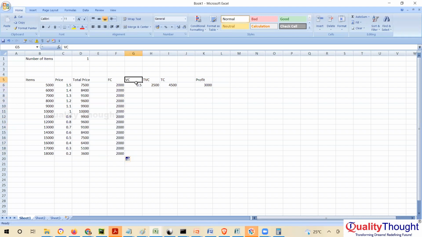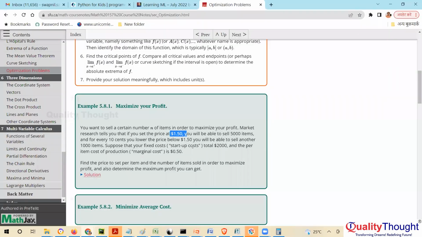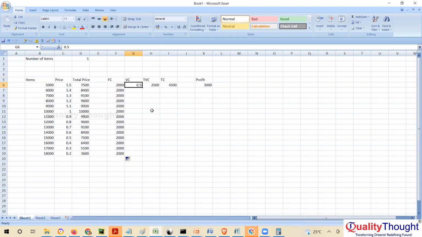Variable cost per item, as per the problem, also doesn't change. So total variable cost will increase, isn't it? As you produce more and more, it has to increase.